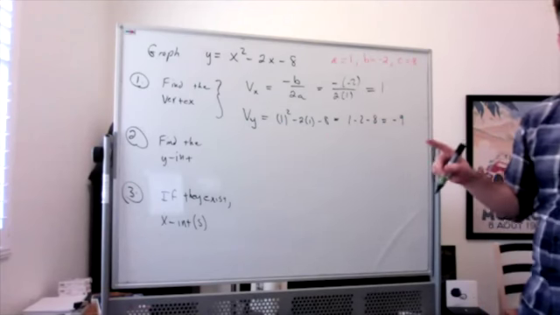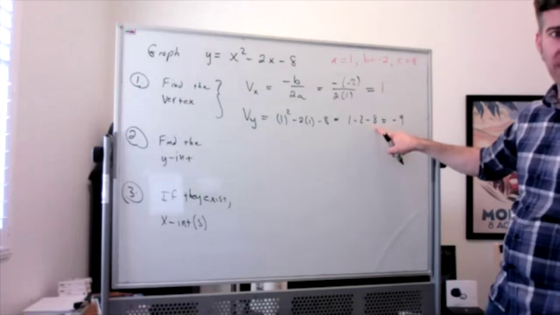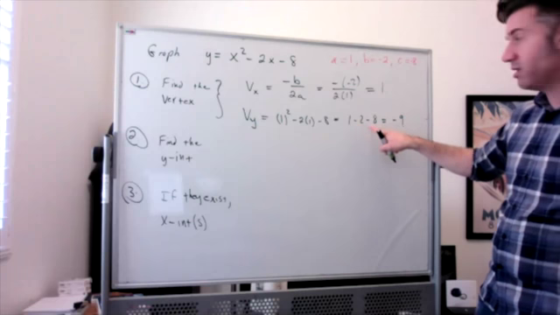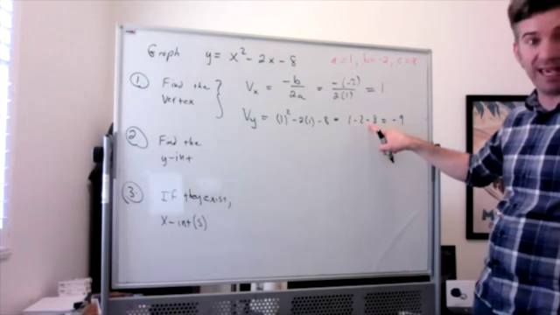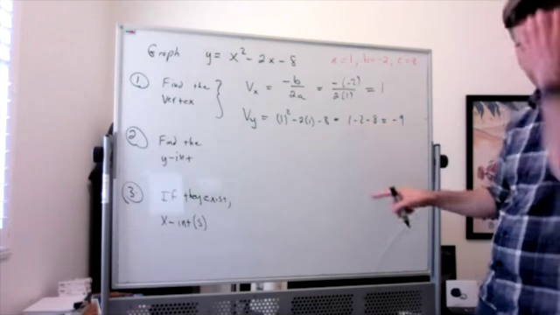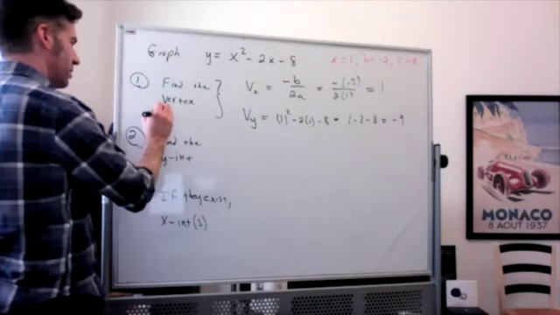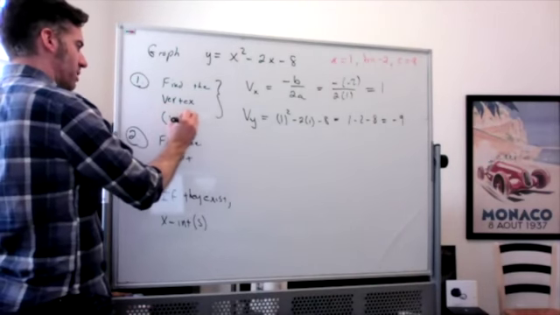Do be careful: if you try to do the subtraction the other way, this isn't 2 minus 8, it's negative 2 minus 8. Negative 2 minus 8 is negative 10, and then 1 minus 10 is negative 9. So our vertex is the point 1 comma negative 9.